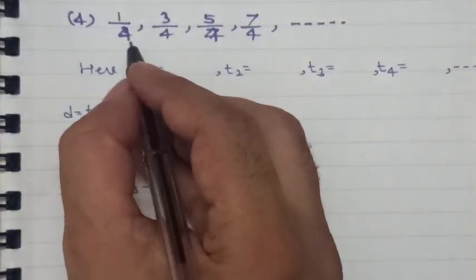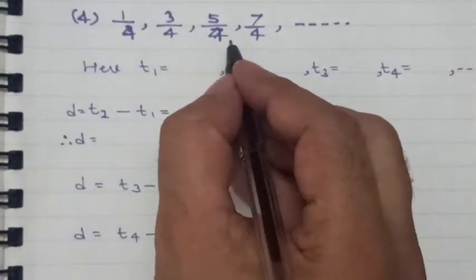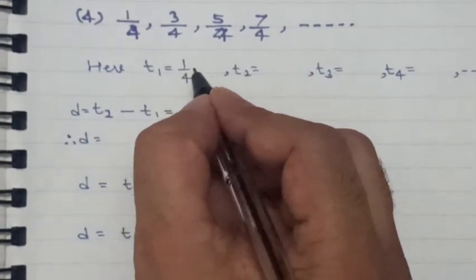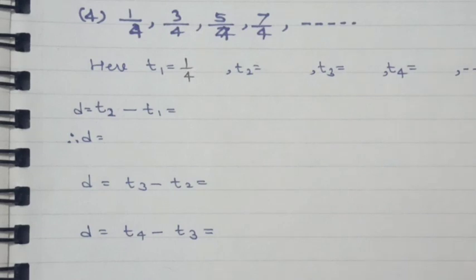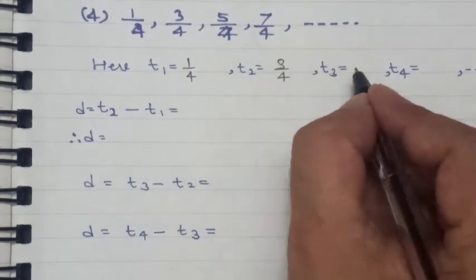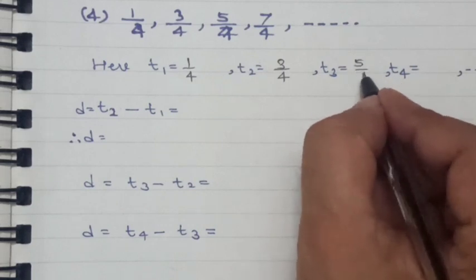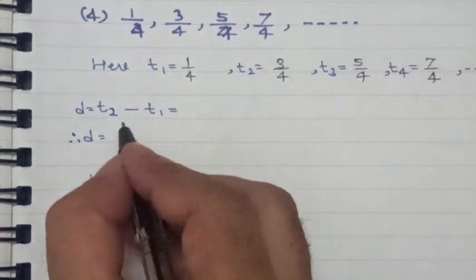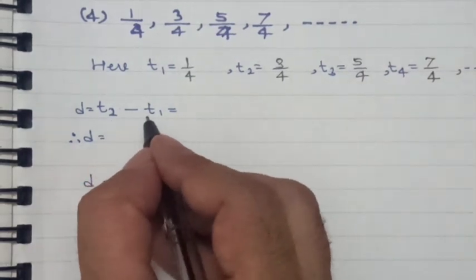Fourth question, 1 upon 4, 3 upon 4, 5 upon 4, 7 upon 4 and so on. So T1 is 1 upon 4, so you can write directly, first term is 1 upon 4. T2 is 3 upon 4. T3 is 5 upon 4. T4 is 7 upon 4. Let's find out the difference, T2 minus T1.